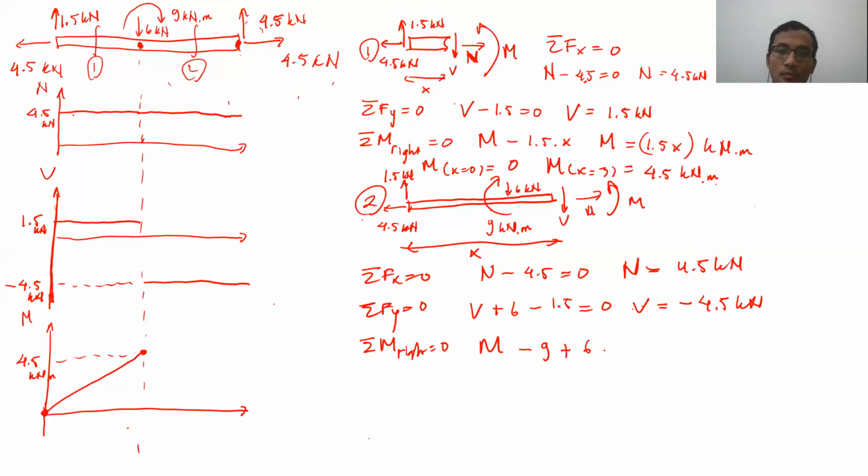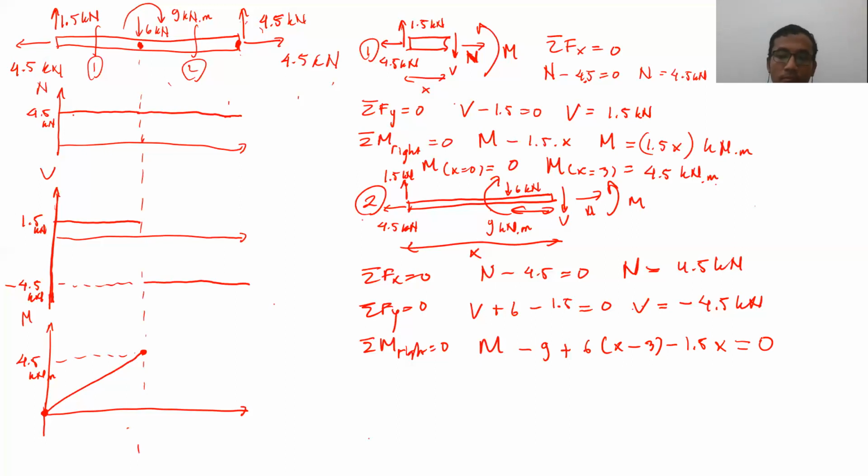The distance is supposed to be X minus 3 meters. Okay, and then from this one, from 1.5 kilonewton, there will be another moment there. The moment is supposed to be negative because it's going clockwise. Negative 1.5 multiplied by X is supposed to be equal to 0.